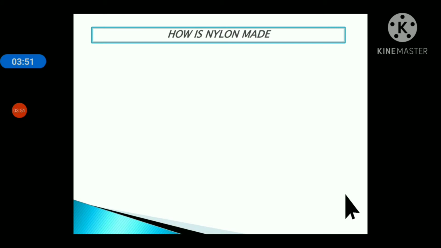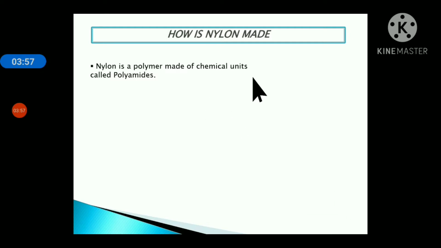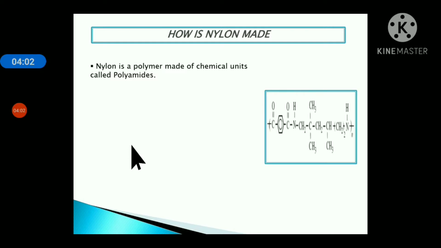We will see how nylon is made. Nylon is a polymer made of chemical units called polyamides. See here children, this is the chemical formula of polyamide. Here there are so many carbon atoms and hydrogen, oxygen and nitrogen.